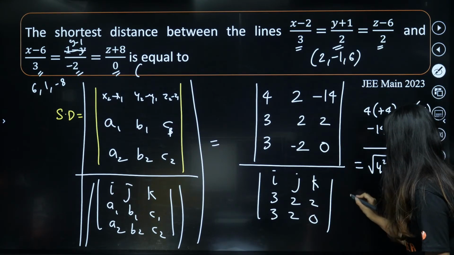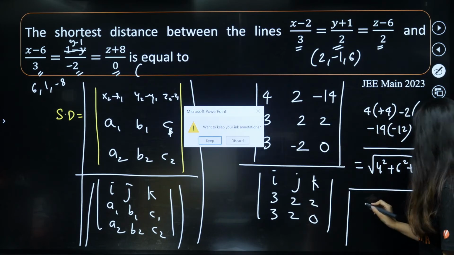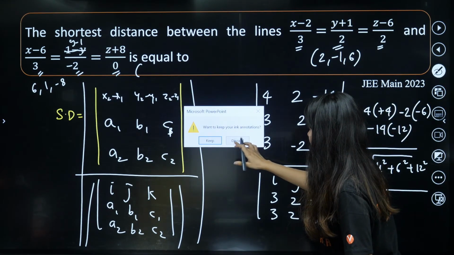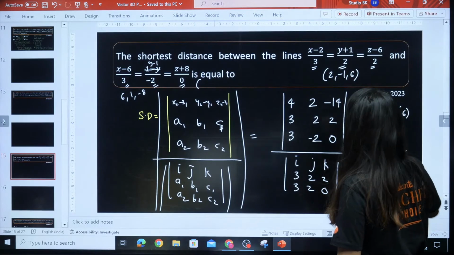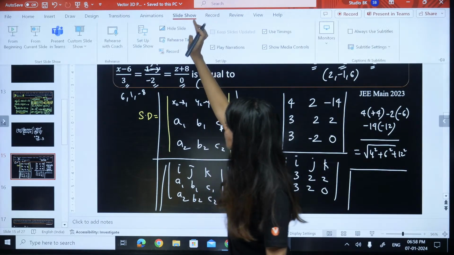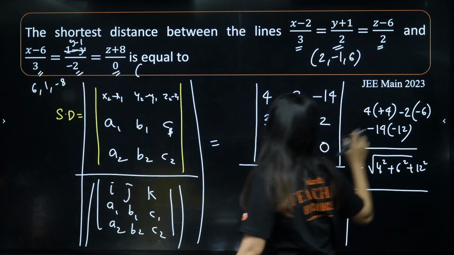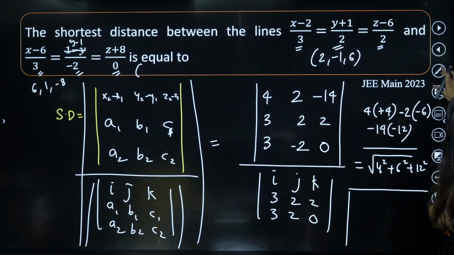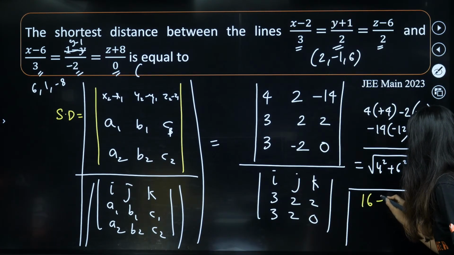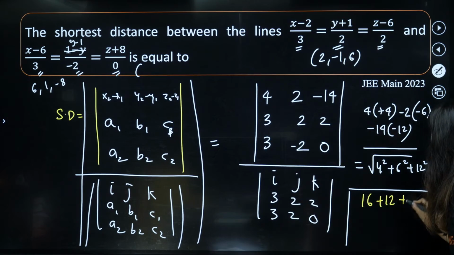So answer is what? Let me know the answer. So this is what? 16 plus 12 plus 14 into 12. 4 2s are 8.